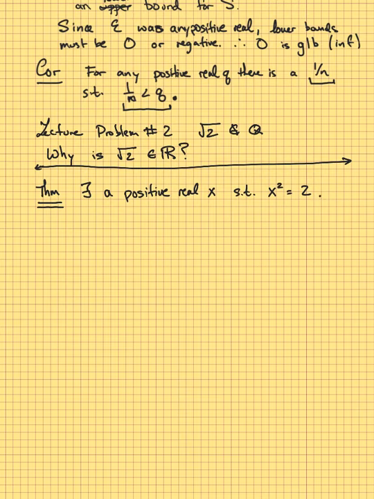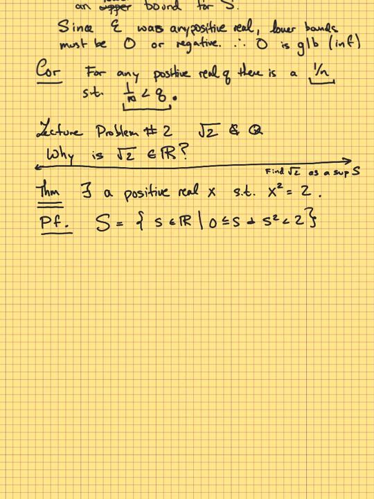Okay? So let's look at the proof. The idea is that you want to find the square root of 2 as a sup of some set. Okay? And there's a natural set to look at, which is just the positive real numbers that square to less than 2.